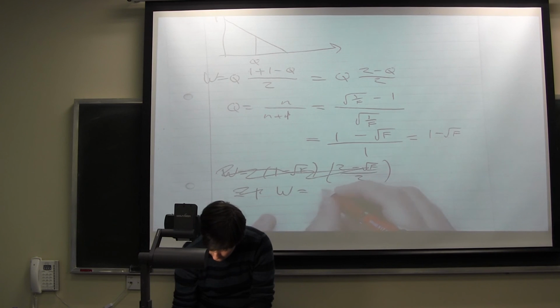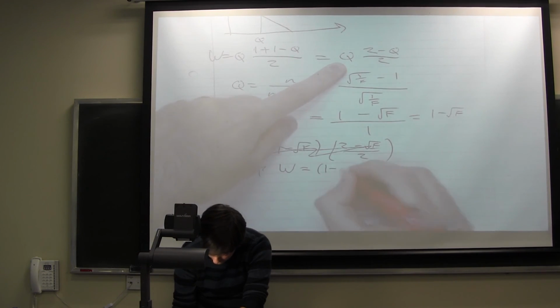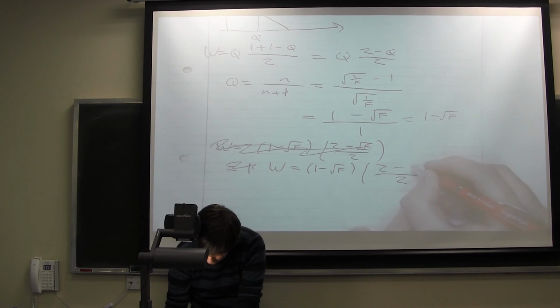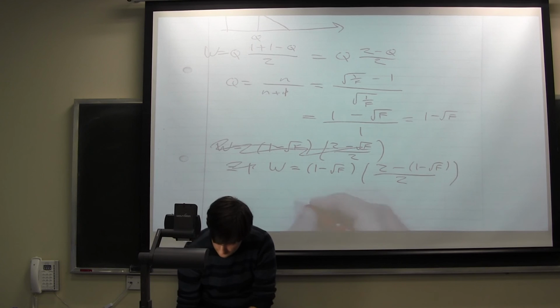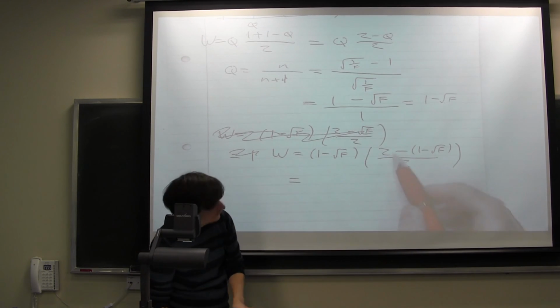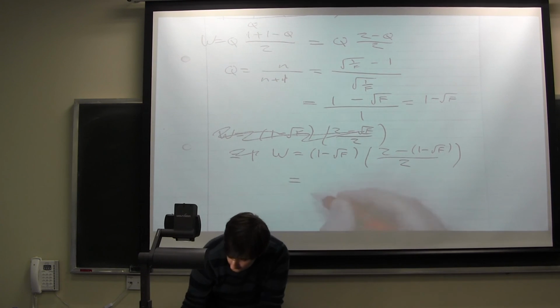So welfare, the first bracket was fine. The second bracket just needs to take 1 minus root f. So I'm doing 2 minus something divided by 2, and the something is 1 minus root f, so it's 1 plus root f. 2 minus 1 is 1, minus minus.